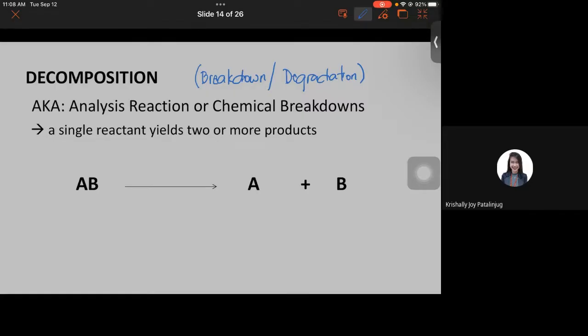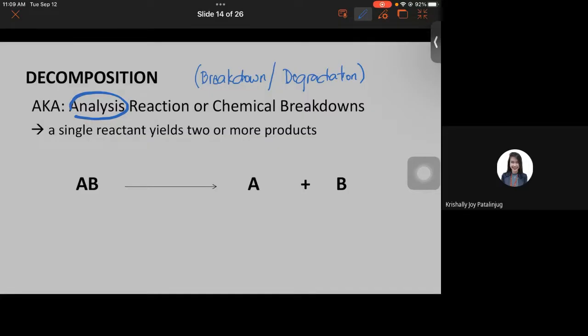Okay. Now, when I say decomposition, it has also other names. It can be referred to as analysis type of reaction. So again, in decomposition, we are simply breaking down a compound.